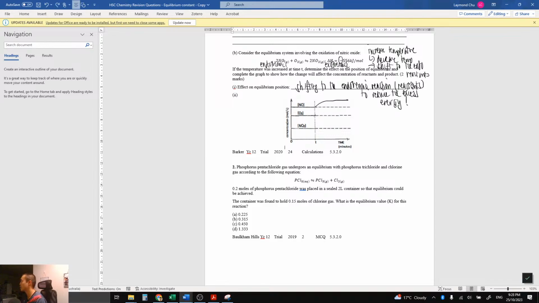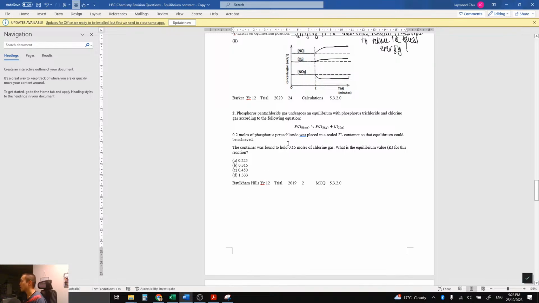It's extremely difficult to draw on a computer. And our N2 would decrease approximately similar to our NO. So you just need to show the reactants are increasing, the products are decreasing. Okay.